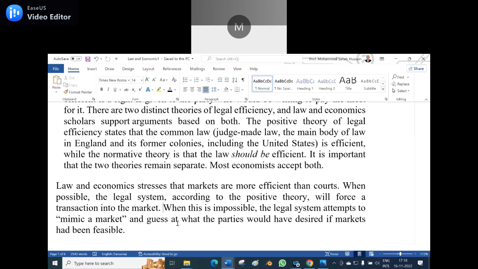Like the mimicry a performer will do, how he imitates even the president, how he uttered the voice. So they will mimic it. So mimic a market means follow the market system, and guess what the parties would have desired if the market had been feasible.